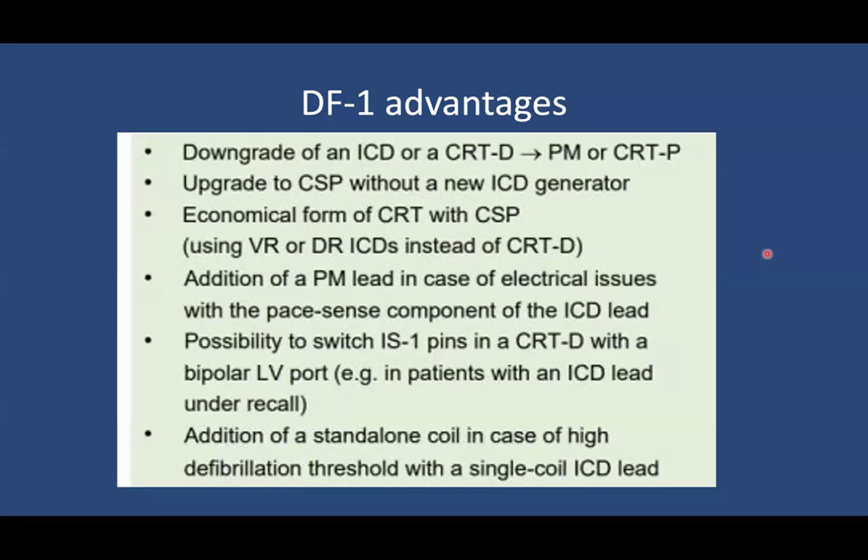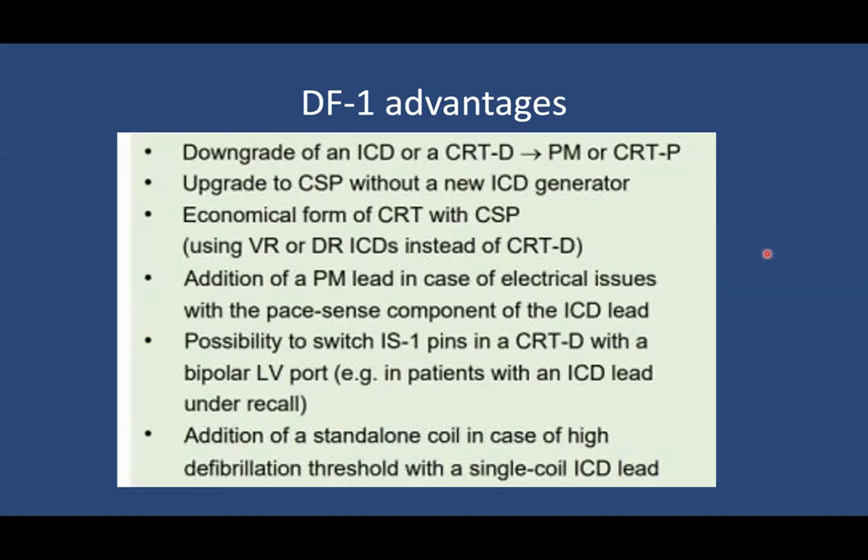The other one is in this era of conduction system pacing, or in patients in whom you've placed an RV lead, but the sensing parameters at the apex are not so good. You can put a pace sense lead in the septum, useful in patients with RV dysplasia and or ARVC, and get good sensing parameters from the septum while being able to still shock by placing the coil at the apex.